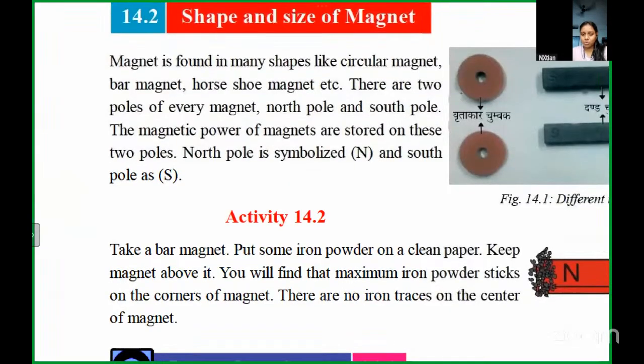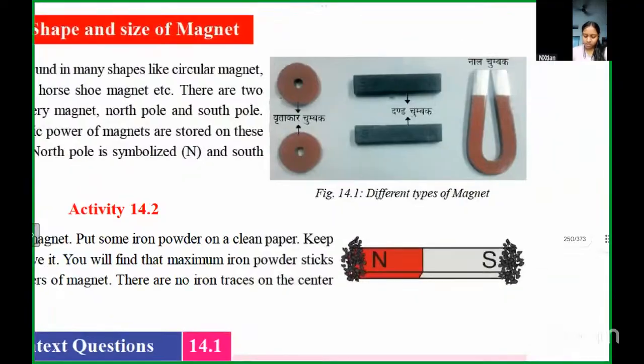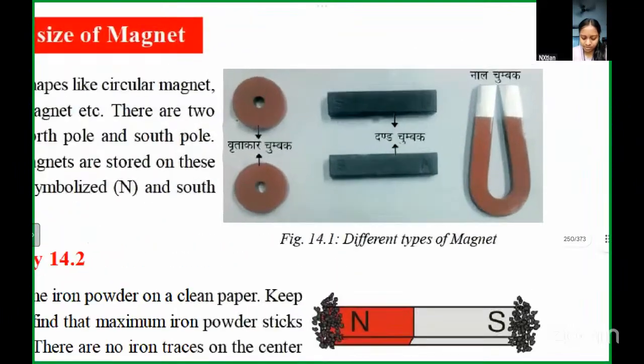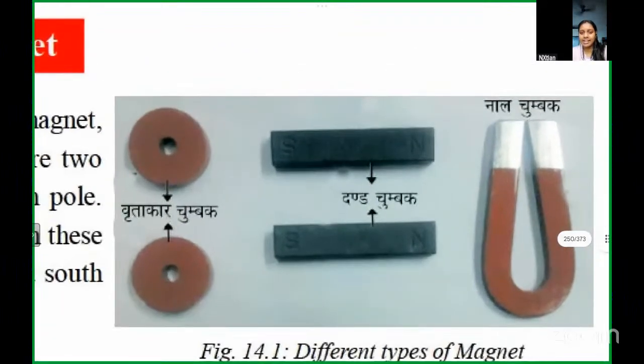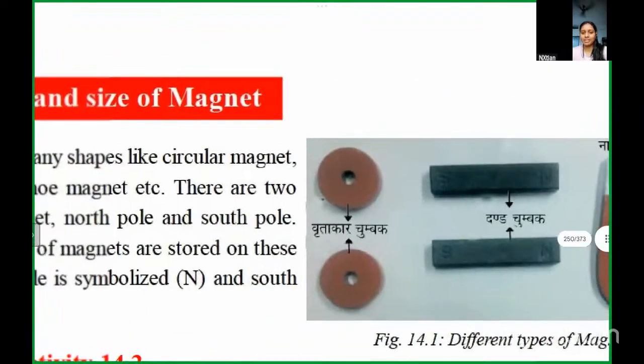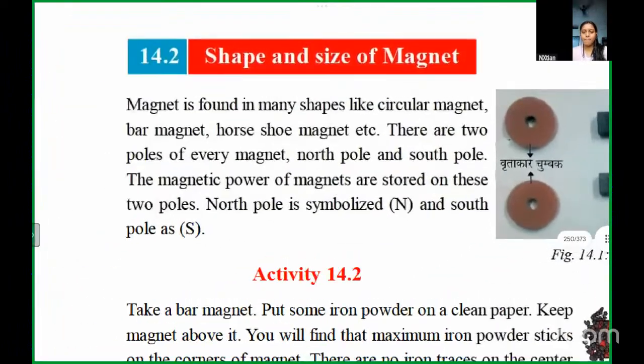Then every magnet has two parts or two poles, known as the North Pole and the South Pole. If you see the image, S and N are written in the bar magnet. On one side is S and the other side is N. So every magnet has two poles.